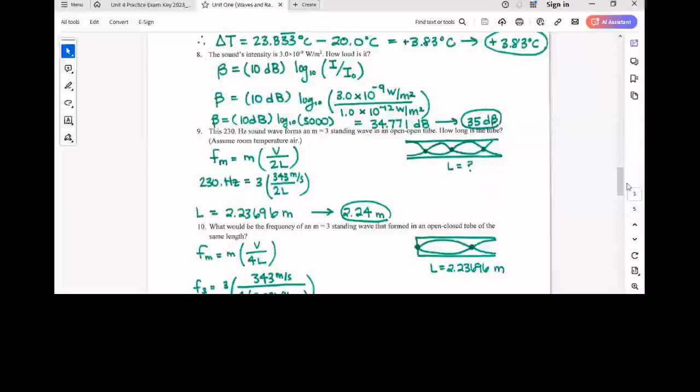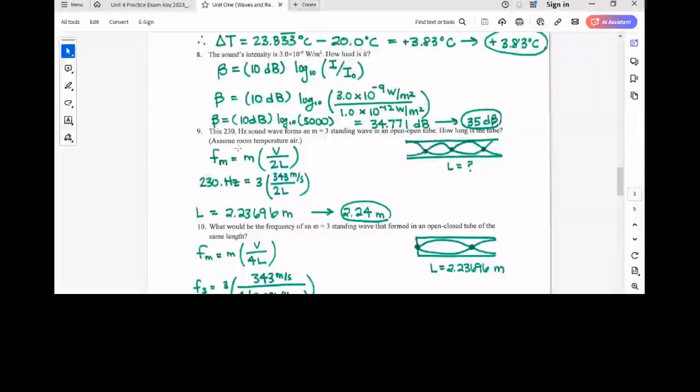Because we have a tube with matching ends, only half wavelengths can fit into this tube as a standing wave. But because the tube is open, each end is going to represent an antinode. So m equals 3 is referring to 1, 2, 3 nodes for the open tube.